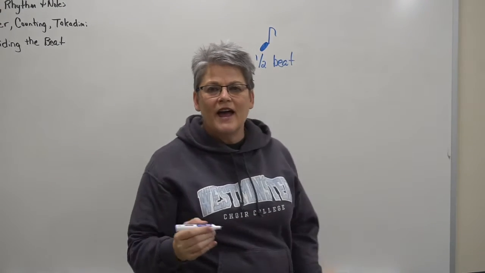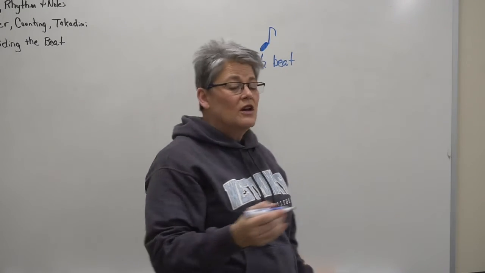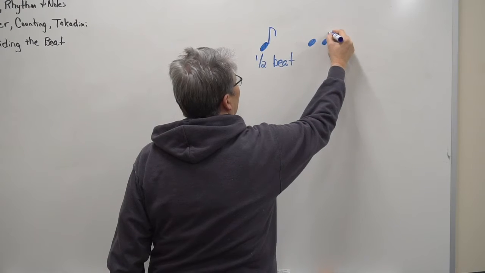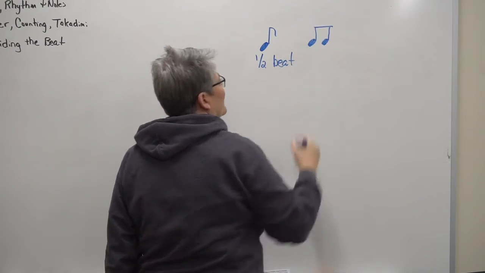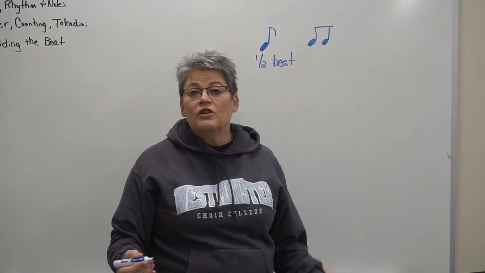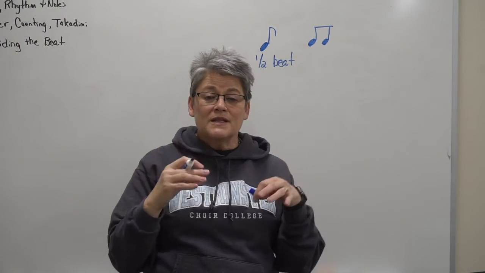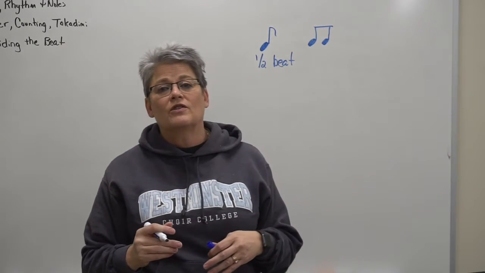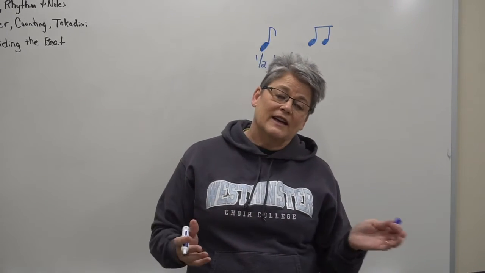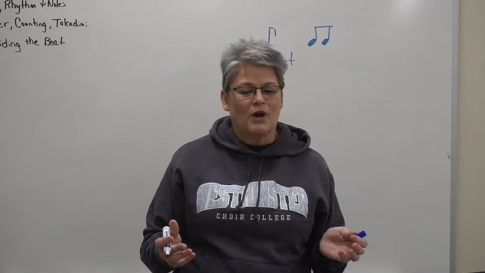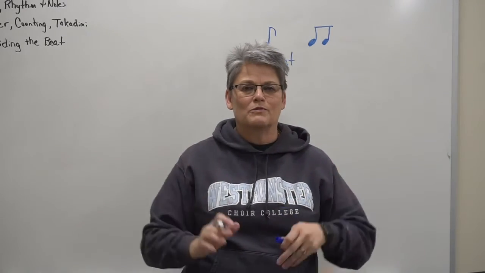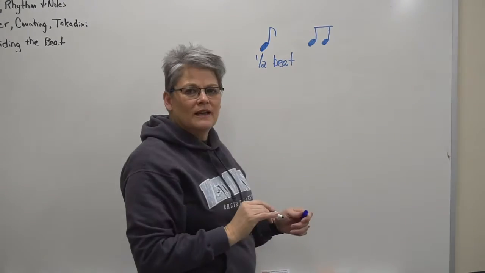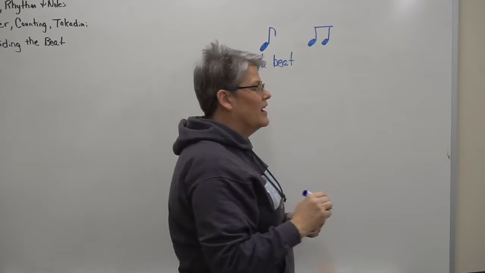When you have eighth notes in pairs, we just take those flags and make a beam out of them. You can have eighth notes beamed together in more than just a pair. You can have 4 of them together, or really any number that the publisher wants to put together. But as long as you see one beam, you'll know that those are eighth notes.